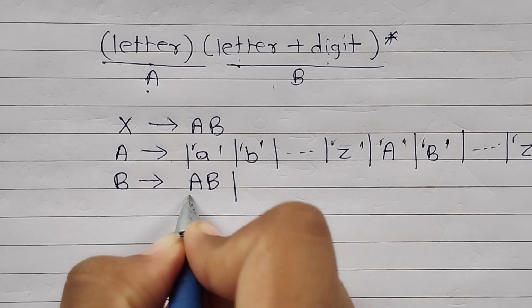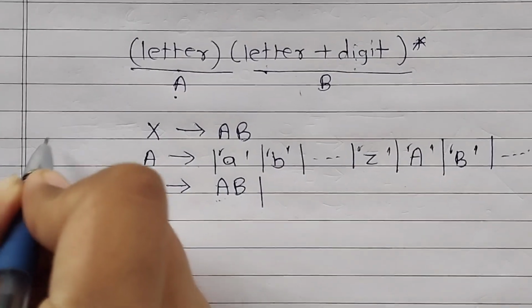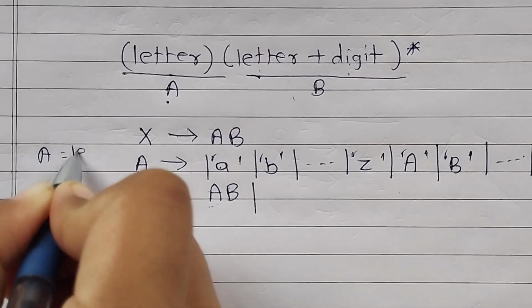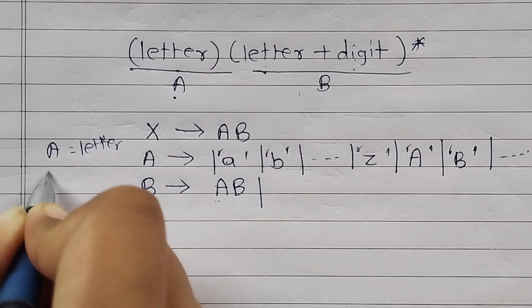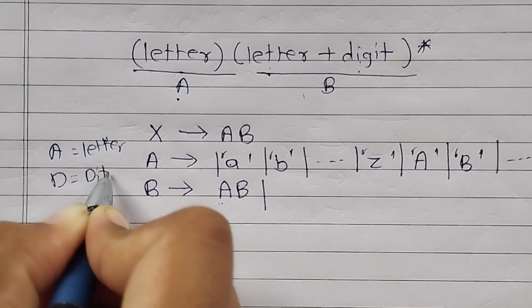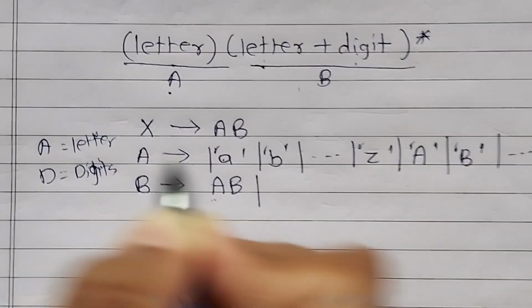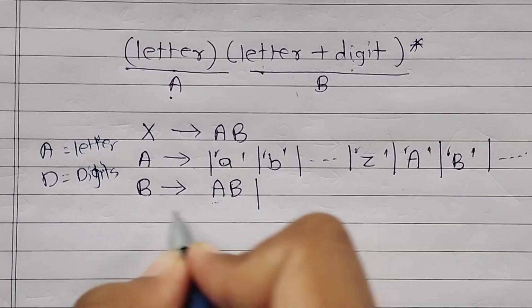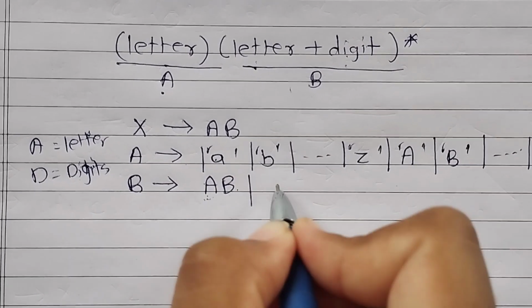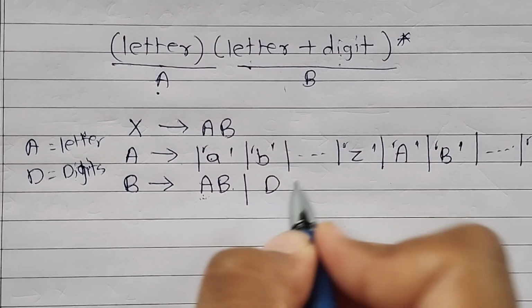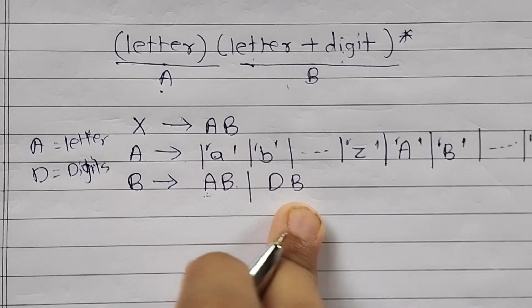This is for my letters. Here I write A for letters and D for my digits. So n number of letters are read by this B, or n number of digits are read by my B.